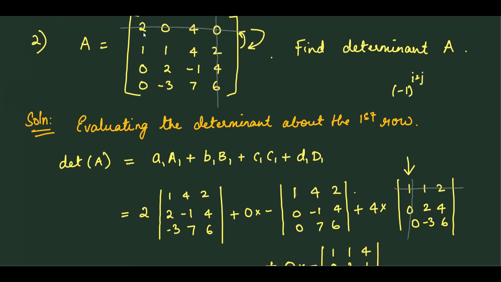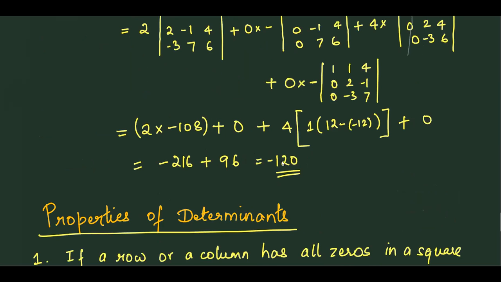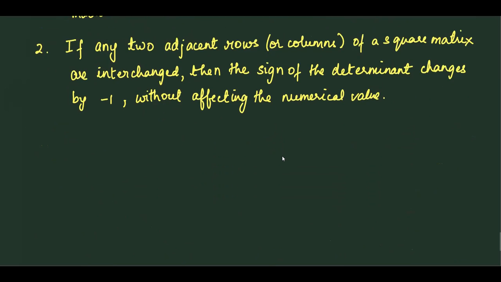Earlier signs associated were plus minus plus minus. Now it is reverse. So you get complete multiplication with a negative sign. So same value you will get with a minus sign. This is very, very important.